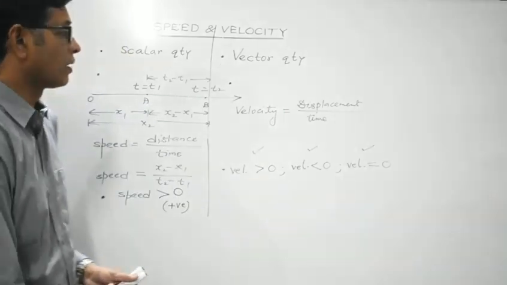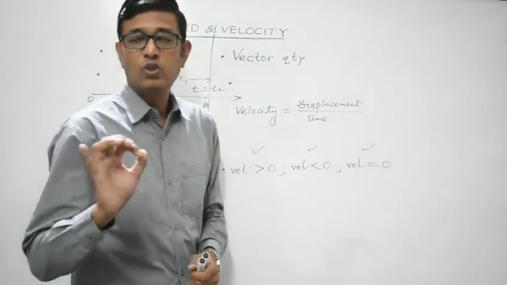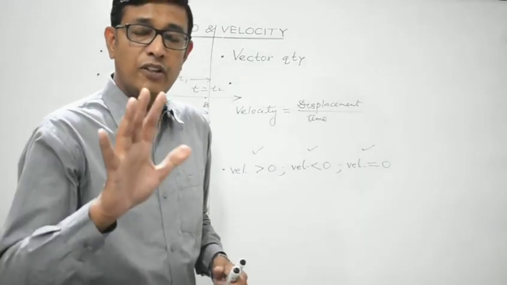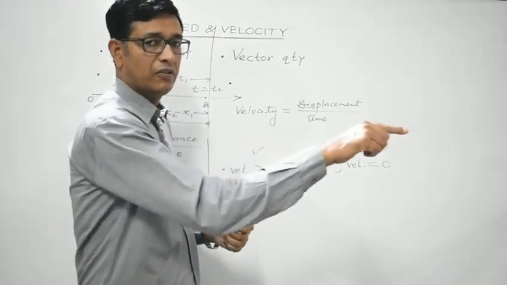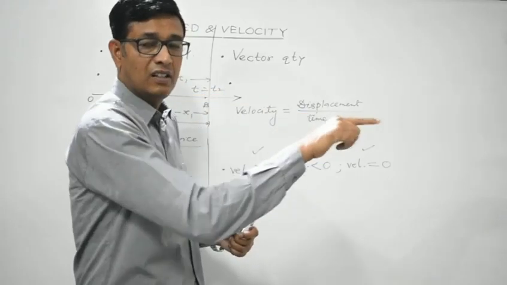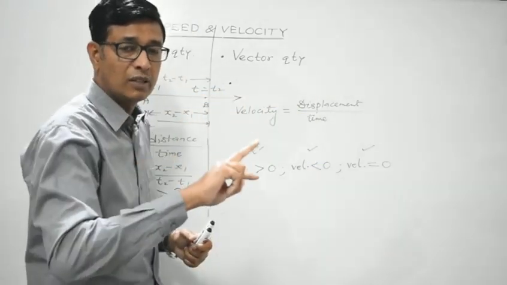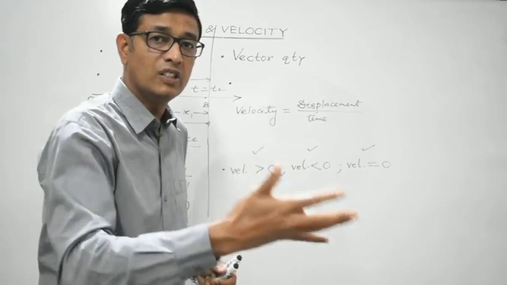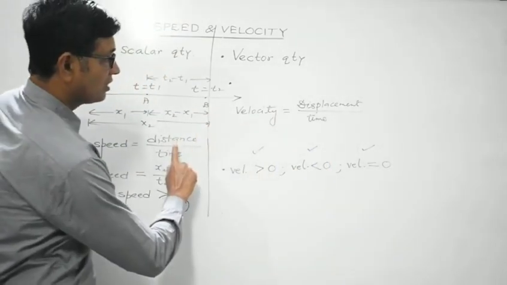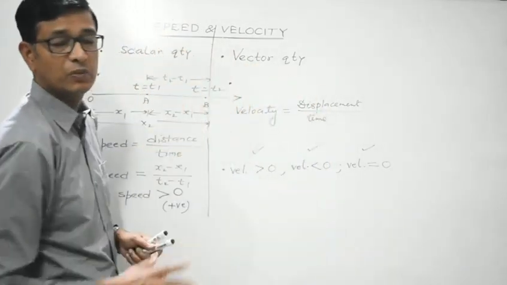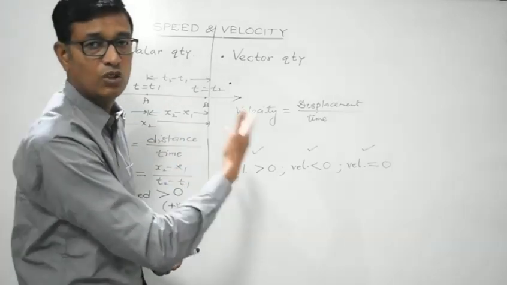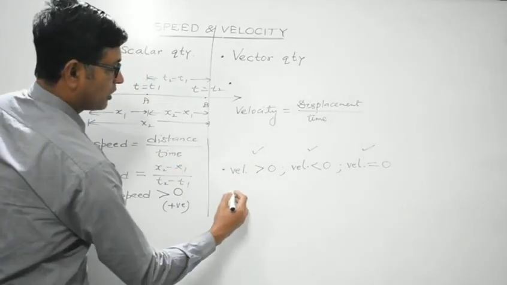Right? Now one thing to be noted is that if a body is moving along a straight line, then I have told you distance of that body would be always equal to its displacement. Now when distance of the body equals to its displacement, then speed of that body would be equal to its velocity. So this is a special case.